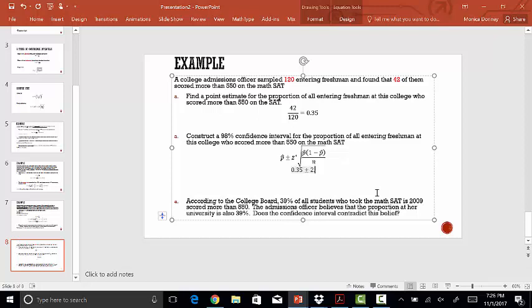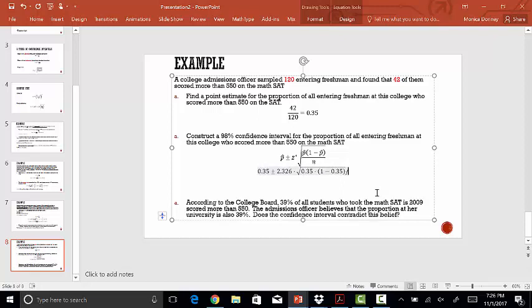So I get 2.326 times the square root of, again, our proportion, 0.35, times 1 minus 0.35, over our sample size, which was 120.